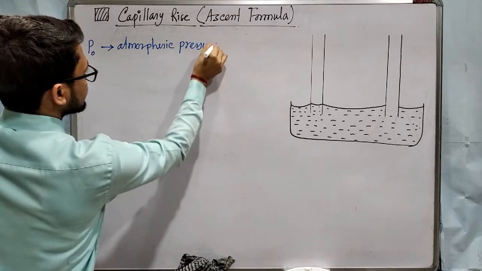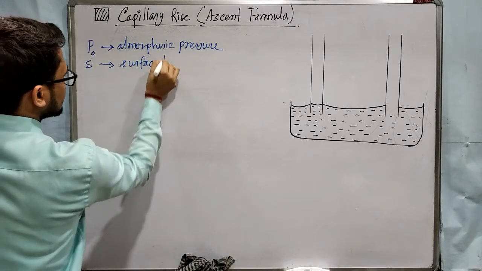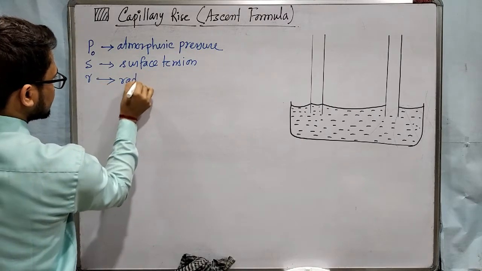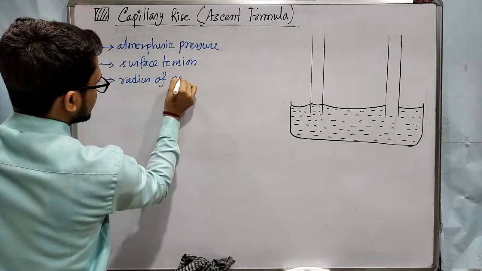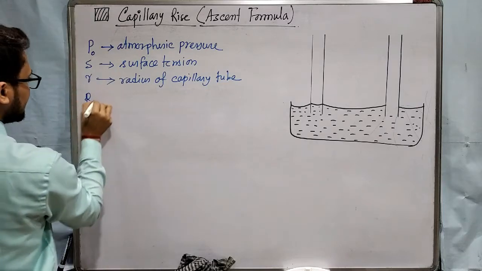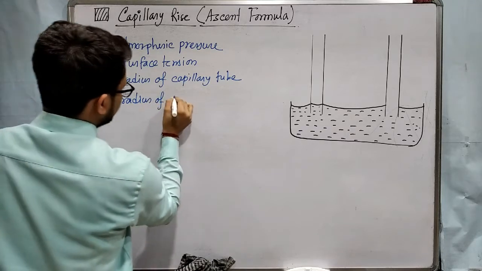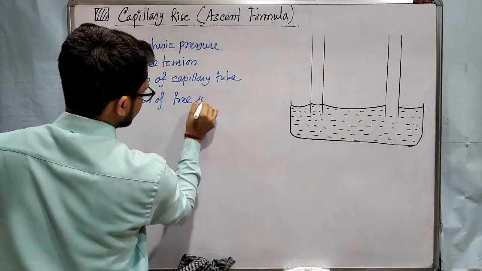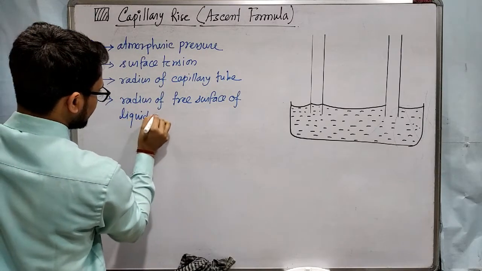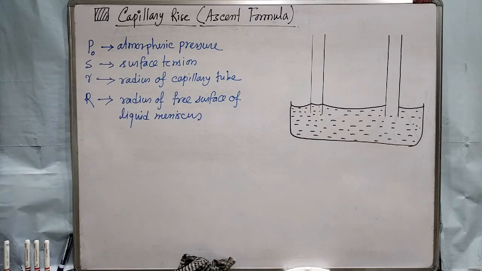S is the surface tension of the liquid, small r is the radius of the capillary tube, and capital R is the radius of the free surface of the liquid meniscus. Note down these 4 points, because after some time I may erase.